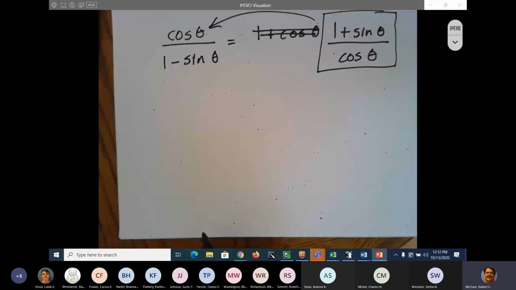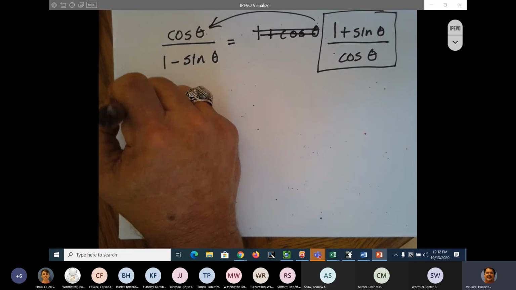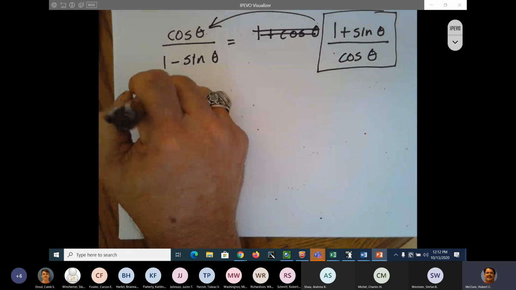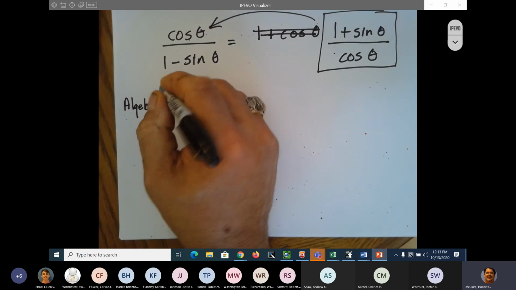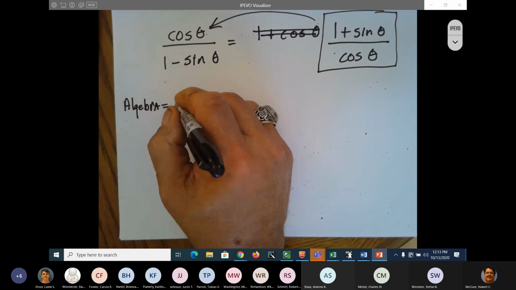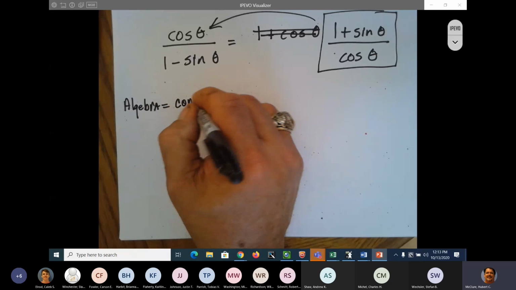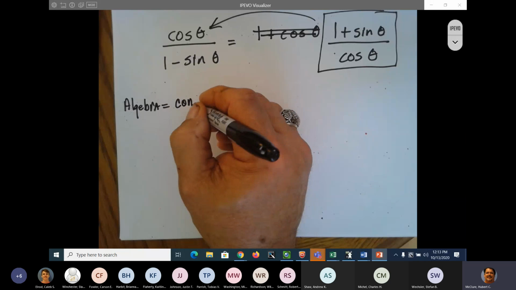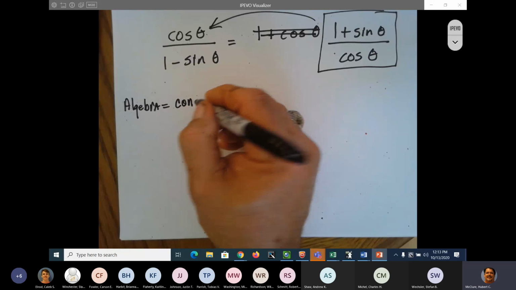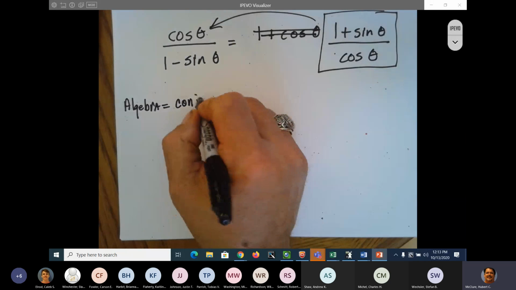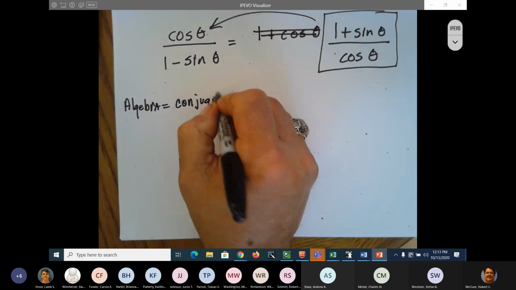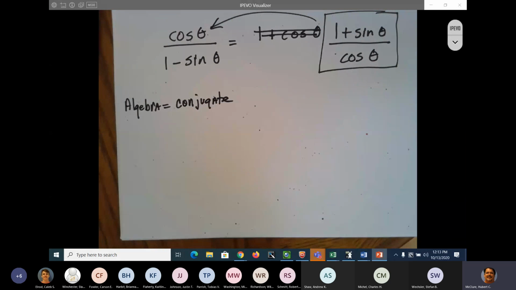Now what can I do? Well, in algebra, we learned about what? The conjugate. I have to say it in my head three or four times before I say it, and I don't even know if I spelled it right, but I have to say it in my mind to spell it right.